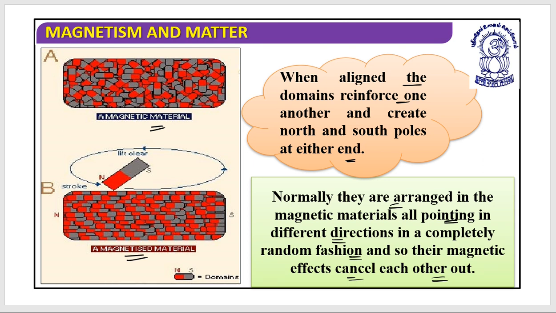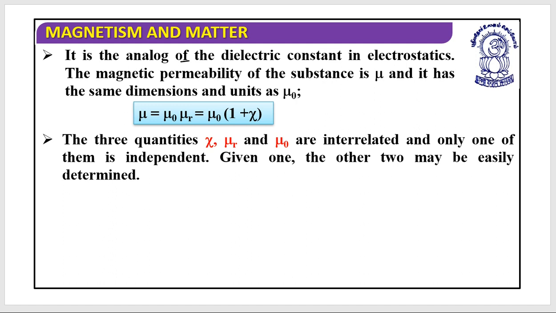So it is the analog of the dielectric constant in electrostatics. The magnetic permeability of the substance is mu, and it has the same dimensions as mu naught. So this mu could be written as mu naught into mu r, where mu r is equal to 1 plus susceptibility.